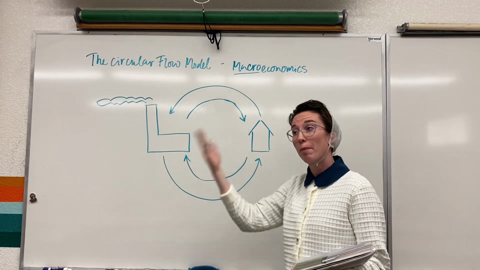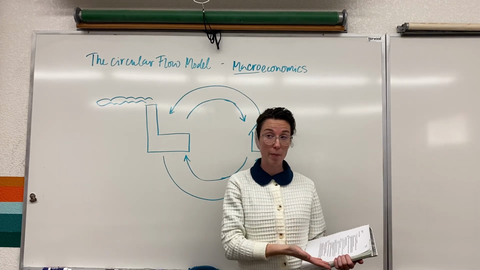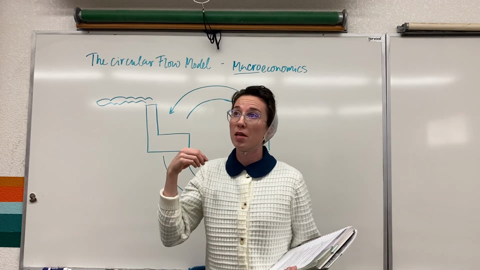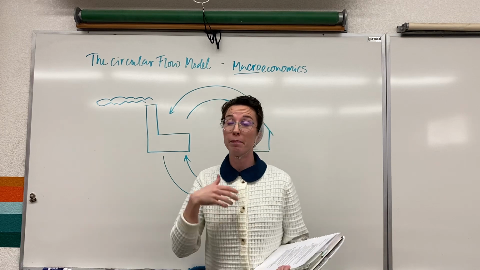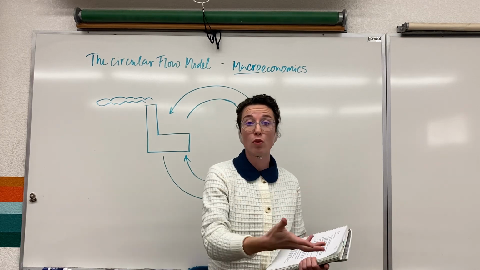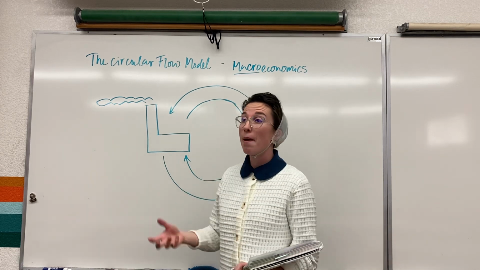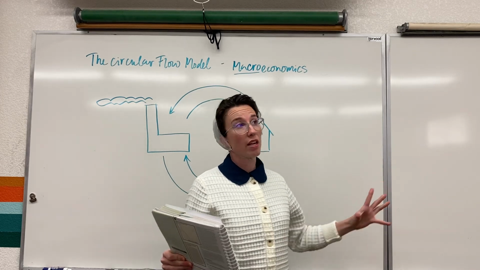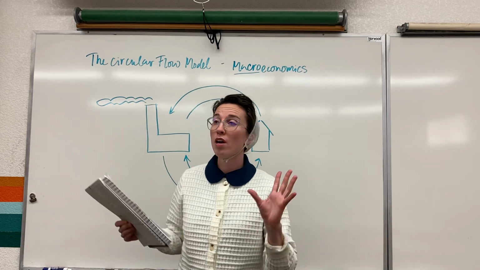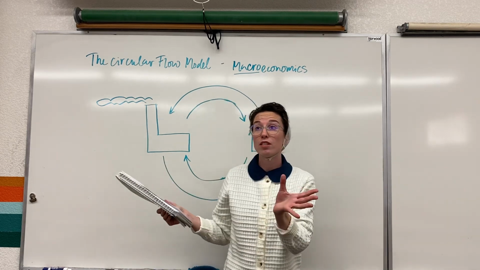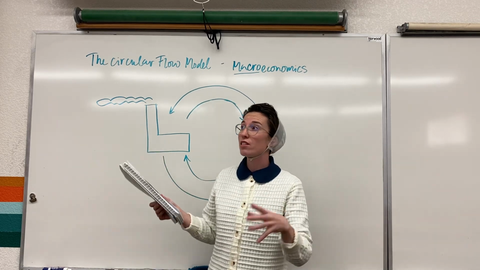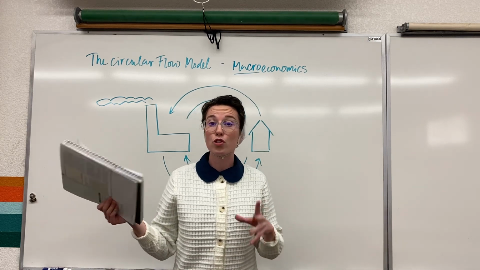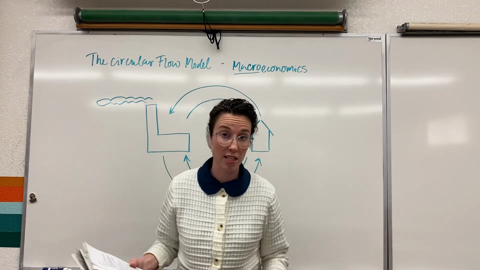Remember we talked about microeconomics versus macroeconomics. Microeconomics would be things like individual income or individual households or individual businesses. Macroeconomics would have to do with larger scale things like unemployment or the national debt or trade between countries, things like that.